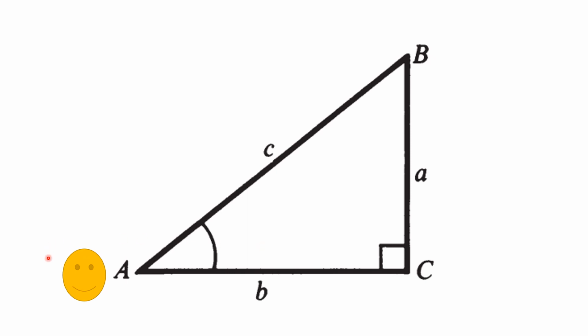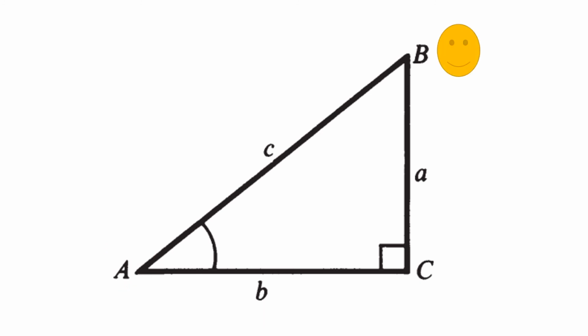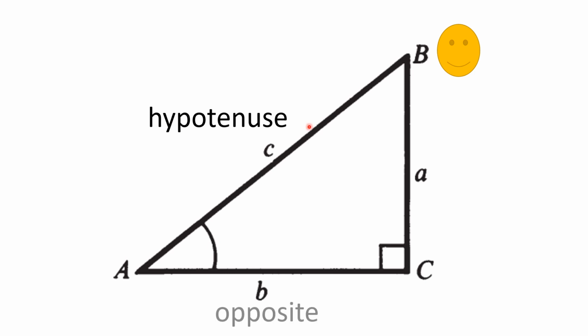With respect to angle A, so if your point of view or your perspective is in angle A, small letter a will be called the opposite side. c is still the hypotenuse, and side b is the adjacent side to internal angle A. With respect to angle B, if you are looking through angle B, side c is still the hypotenuse.